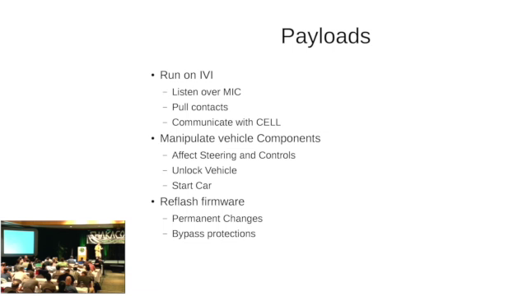Another possibility is reflashing the firmware. Sometimes, if they have over-the-air updates, which a lot of them don't, the IVI is the trusted source on the network. So they may have some validation when it's getting the update over the air, but then it pushes it out to my other hardware components inside the car.